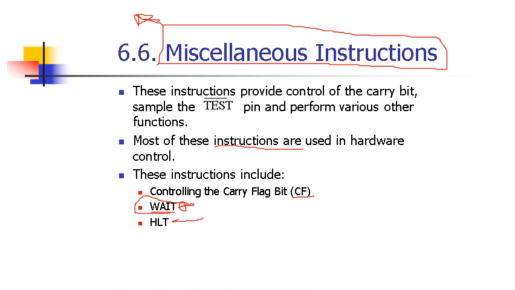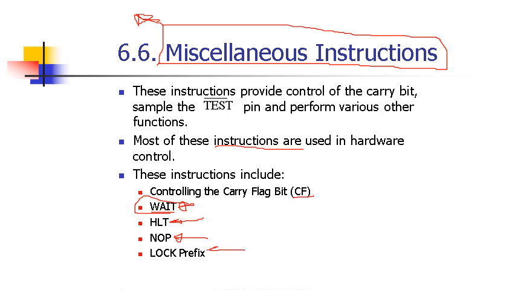Halt stops your code for some reason you know of. NOP, this is no operation. You can issue this NOP whenever you need to delay your program for a while, and this delays your program for 3 clock cycles.